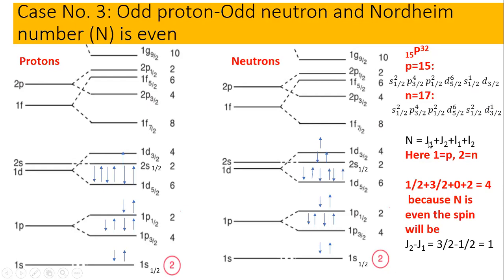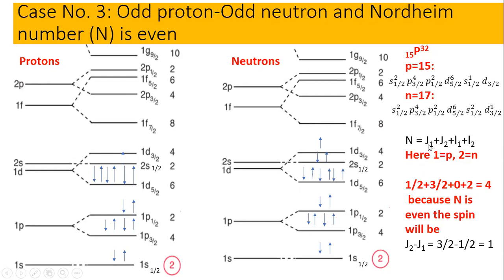And this is the J. J is the total angular momentum, and L is the angular quantum number, in which the unpaired protons and neutrons are present. So this is very important. We will just look at the last protons or neutrons, the unpaired proton or neutron. So in this case, how am I going to calculate the values of J and L? Let's suppose this is J1.